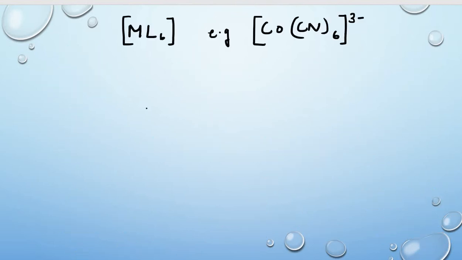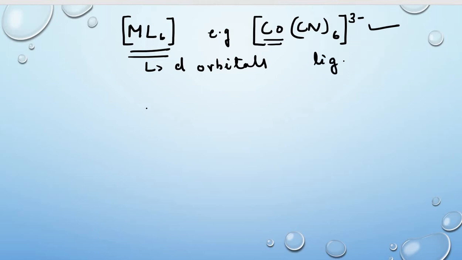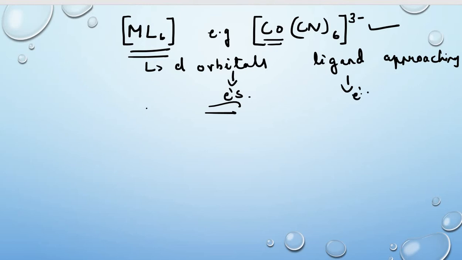Now let us take an example. We take an octahedral complex, for example Co(CN)6, hexacyanocobaltate. You know that the metal has d orbitals. When the ligands approach the metal ion, there are electrons in the d orbitals of the metal, and similarly the ligands also have electrons.